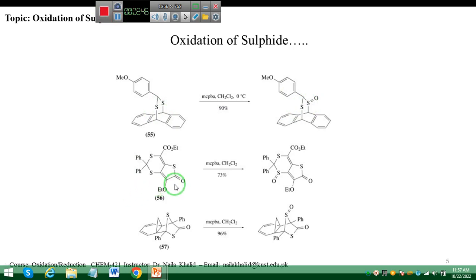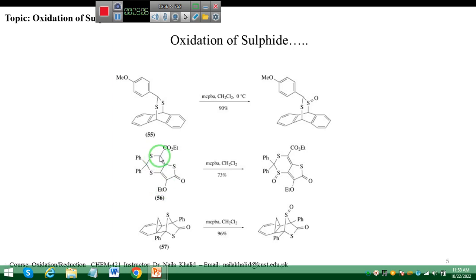In the second example, you can see that here are three sulfurs. Each can be oxidized, but in the presence of metachloroperbenzoic acid, only one sulfur is oxidized, which is in the vicinity of an electron donating group.